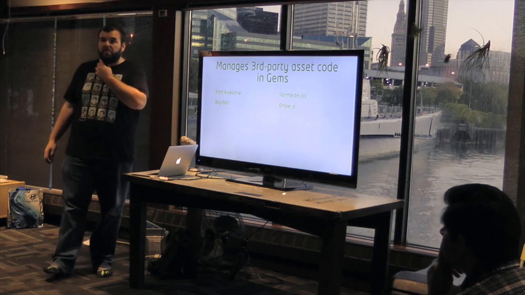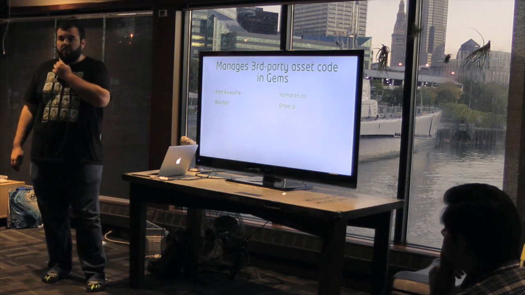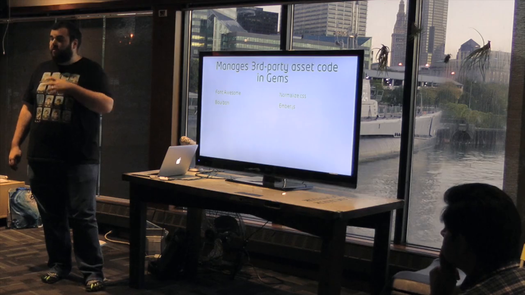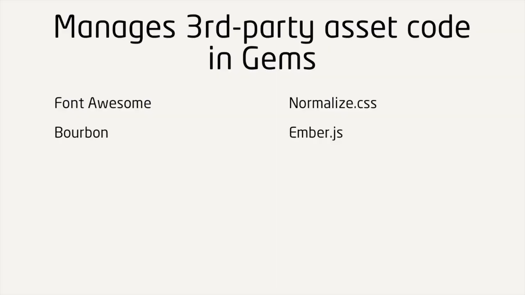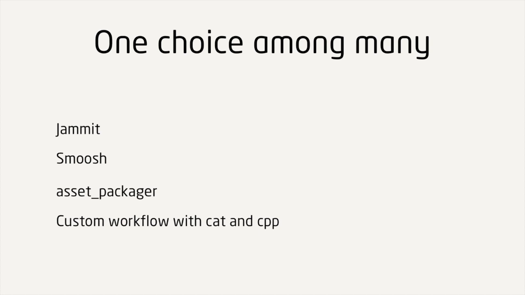You can have images in gems, and you're able to still load them into your site very easily. So these are a few of the libraries that have Rails gems associated with them that you can use Sprockets to load. But one of the things that I think is lost in the fun and excitement of Sprockets is that it's really just one choice amongst many for doing this job. There are a number of tools out there.